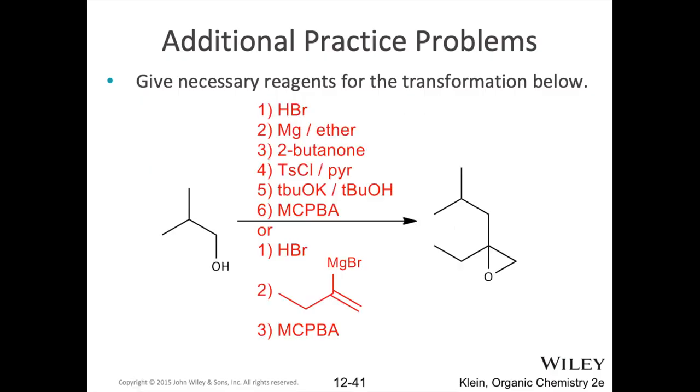So if you want to do this, it looks like both options involve using a Grignard reagent. So I guess this is one of those problems where you probably wouldn't have been able to solve using your tools from this chapter or from previous chapters. So if you didn't get this one, again, don't panic.